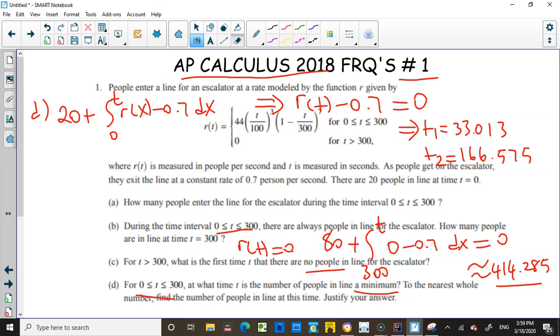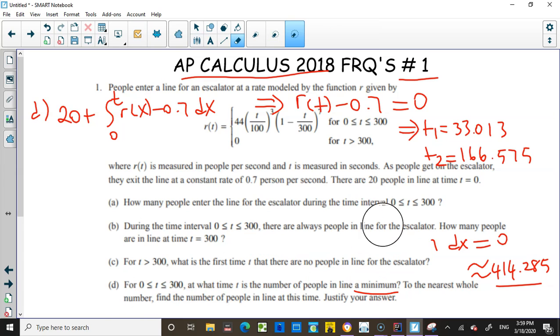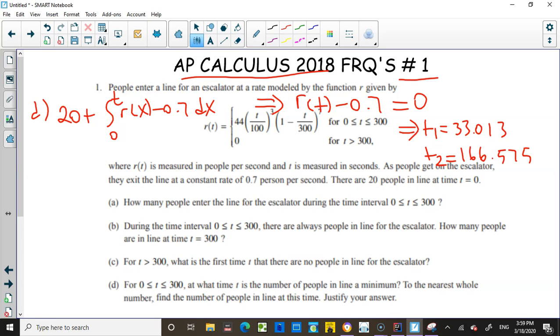Let me clean up the board. Here we have t and the number of people in line for the escalator. The first t value is 0.